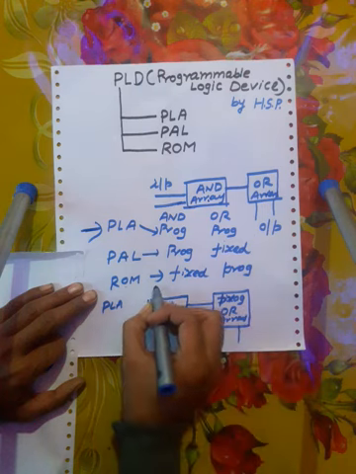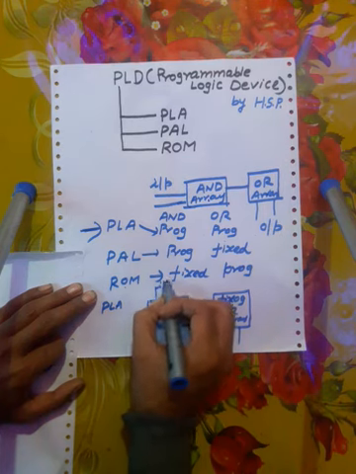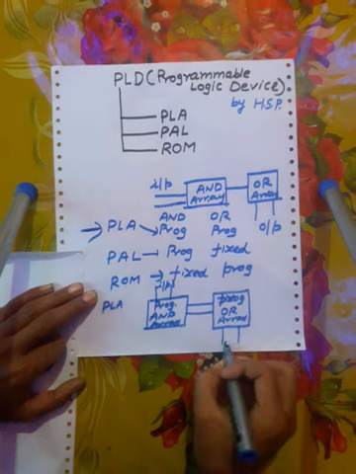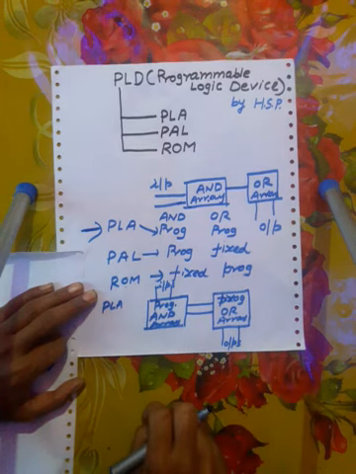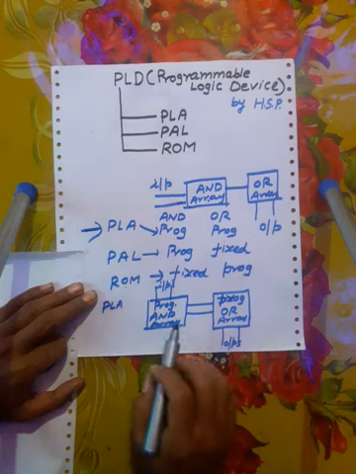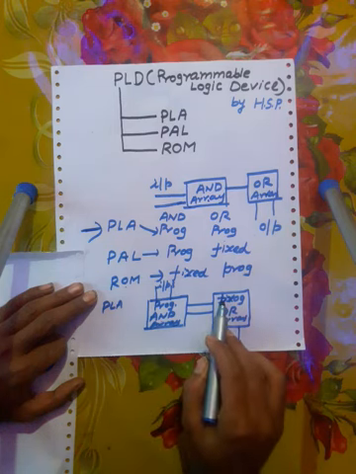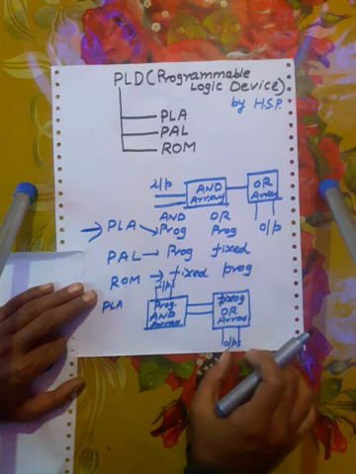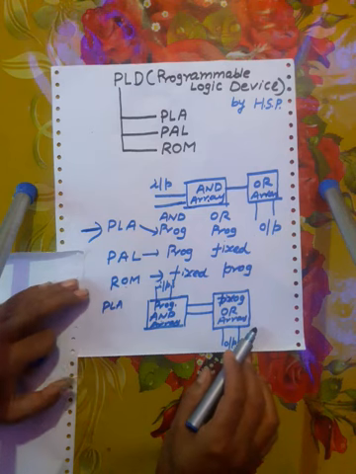Take inputs from here, and these are your outputs. In case of PAL, what will happen? The AND array is programmable but the OR array is fixed. In ROM, AND is fixed but OR is programmable.